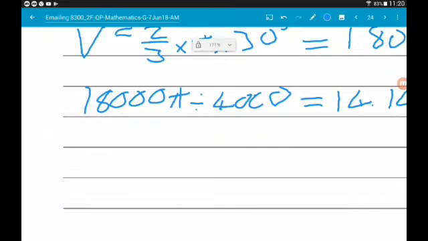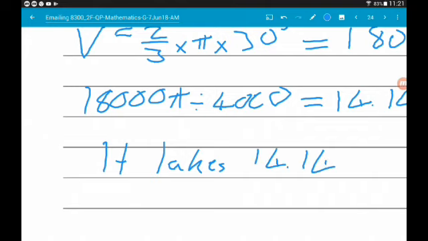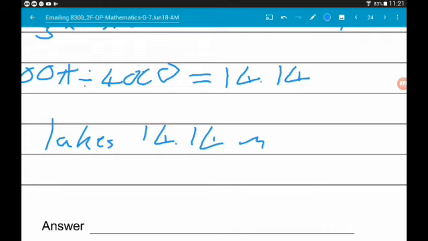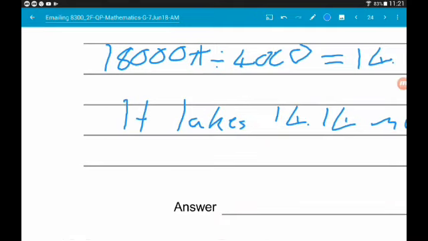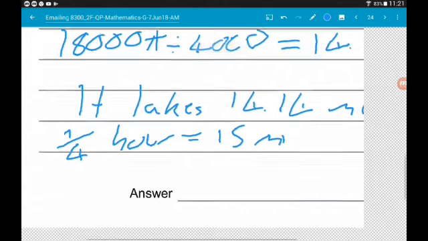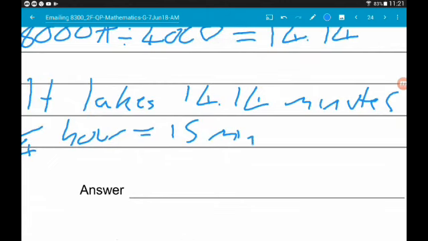So it takes 14.14 minutes to fill the container. Quarter of an hour is 15 minutes. The question asked, does it take less than a quarter of an hour? So the answer is yes.